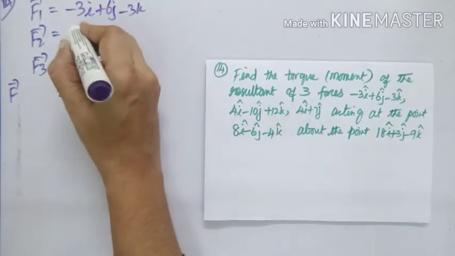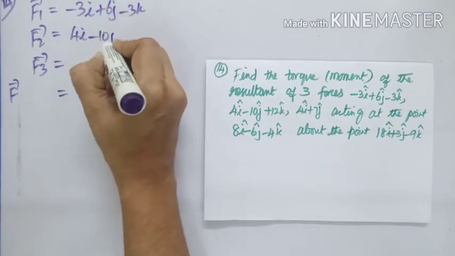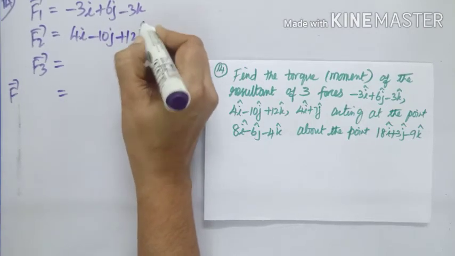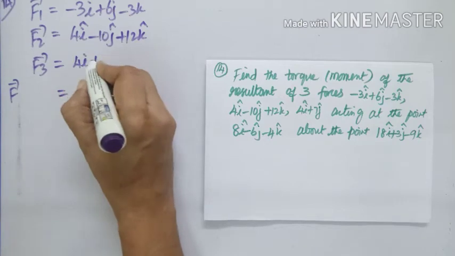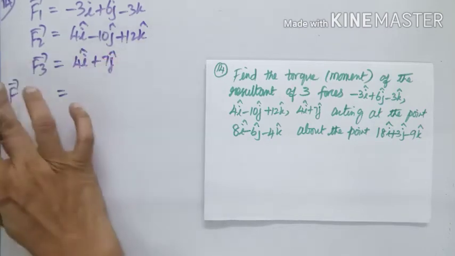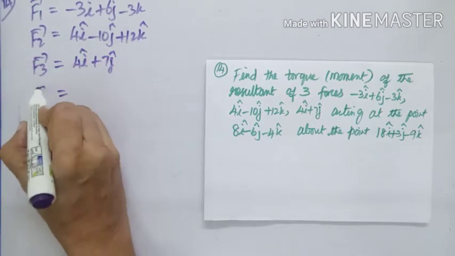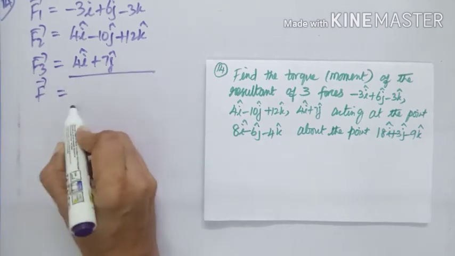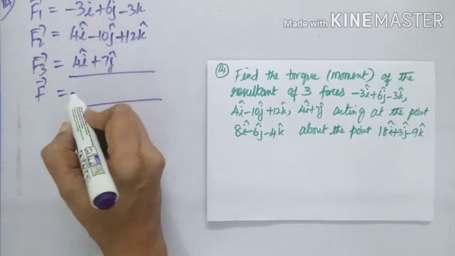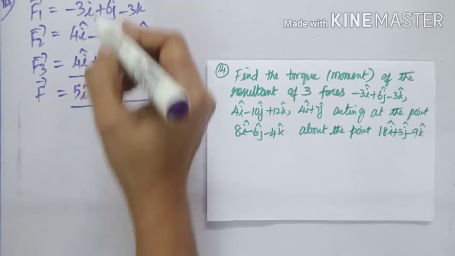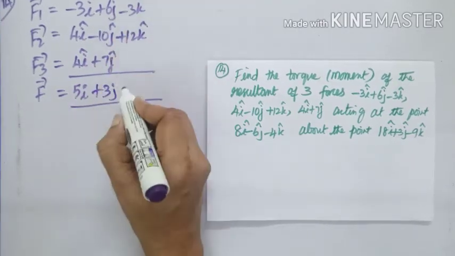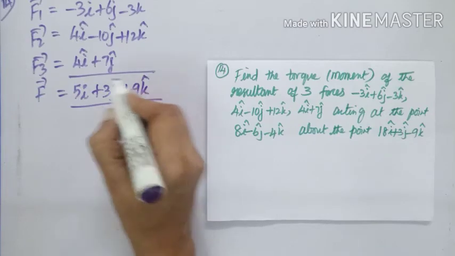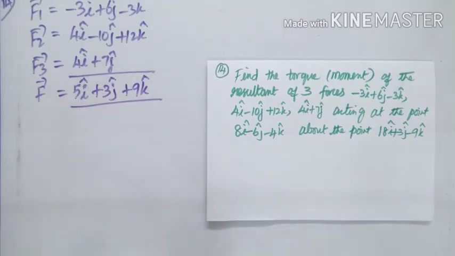The second force is 4I minus 10J plus 12K. And the third force is 4I plus 7J. As I add, I get F vector is equal to 8I minus 3I, 5I, 6 plus 7, 13 minus 10, 3J and plus 9K. So we have found out what is F.